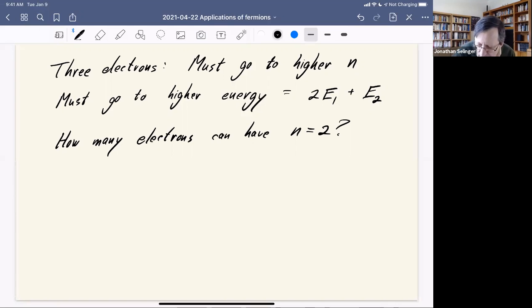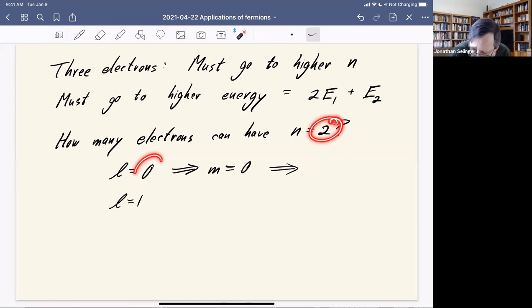So if n equals 2, then the quantum number L can be L equals 0 or L equals 1. If L equals 0, we have to have M equals 0. So there can be a state 2, 0, 0, right?